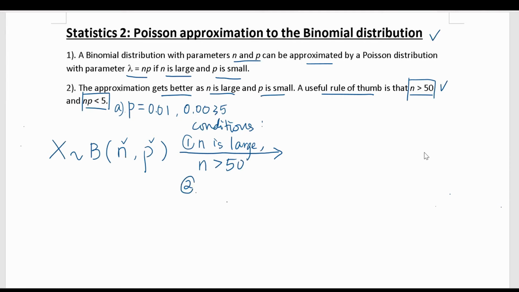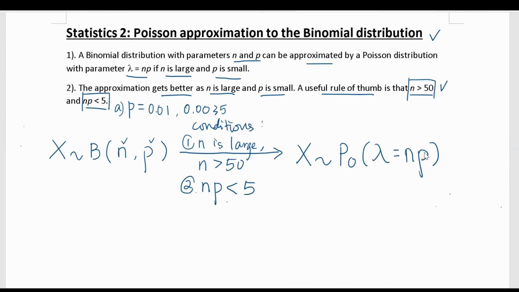That means when you calculate np, it is going to be less than 5. Then you can conclude that you can use the Poisson approximation to find the probability. The parameter lambda equals np.